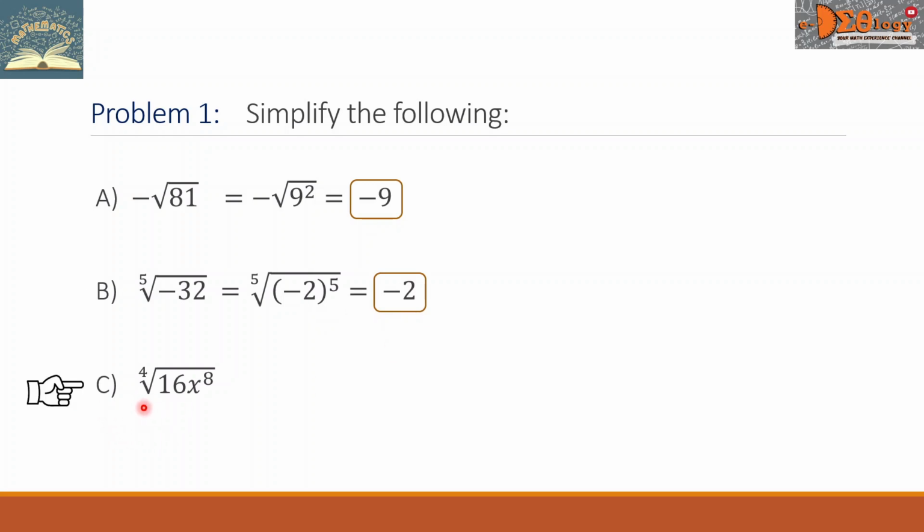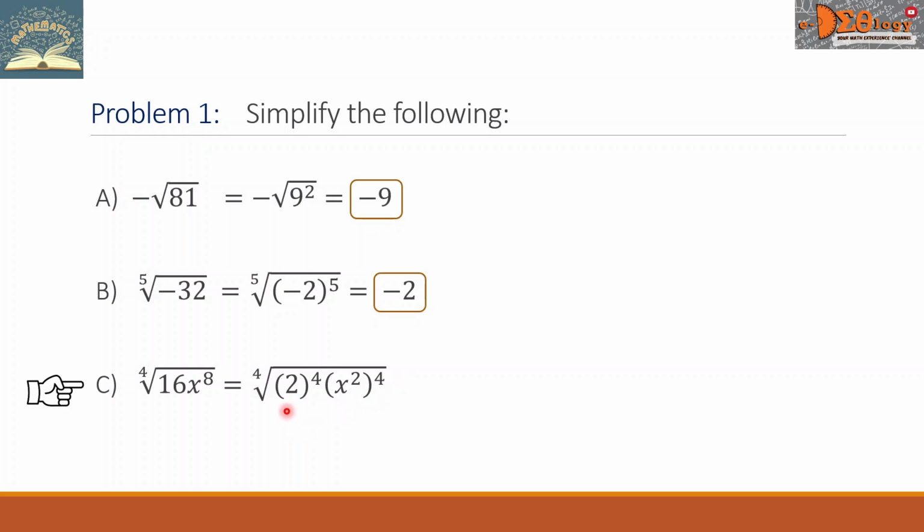Expression C. The fourth root of 16x raised to 8. Let us express these numbers as a power of 4. 16 is equal to 2 raised to 4. For x raised to 8, we can rewrite this as x squared raised to 4.